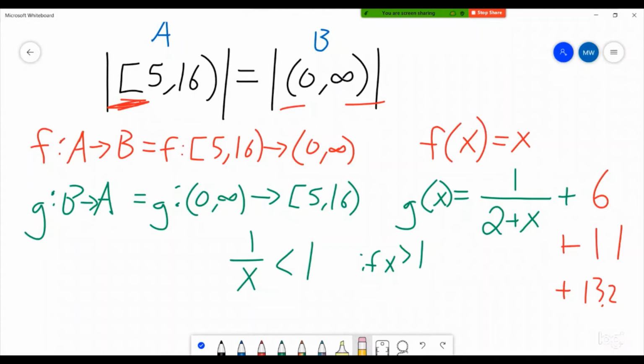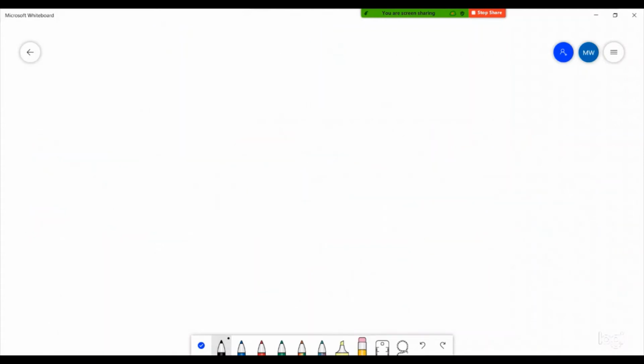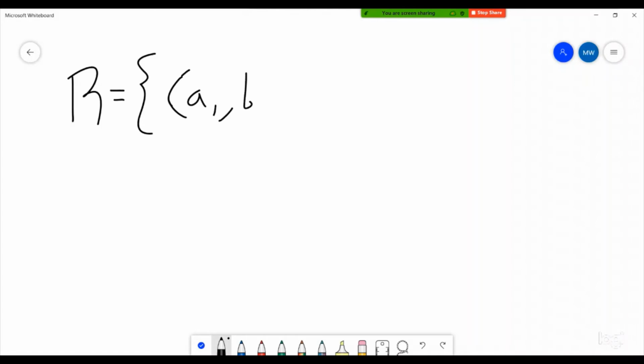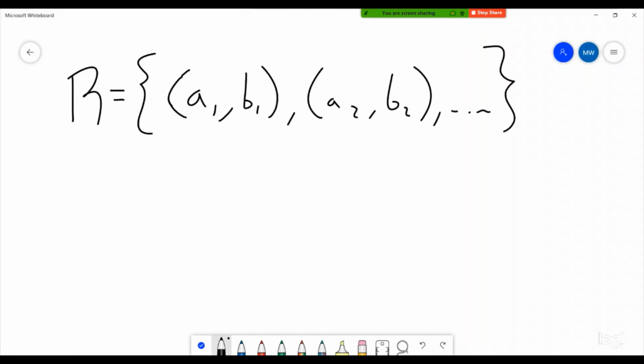Yeah. So let's say that we have some relation R, and it's a set of ordered pairs. So we have like the pair A1, B1, the pair A2, B2, and so on. The inverse relation is going to be the set of ordered pairs where the order gets switched.